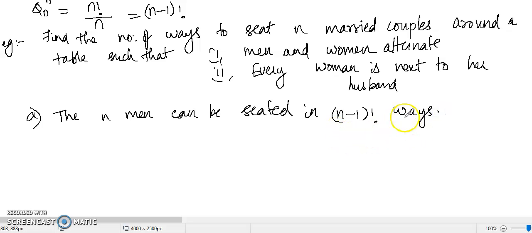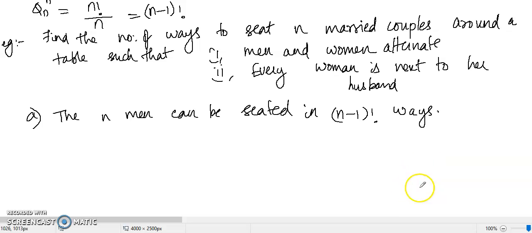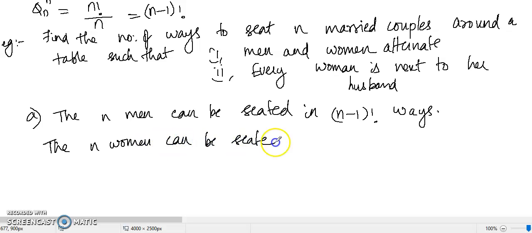And now between n men there will be n spaces, so the n women can be seated in n spaces.